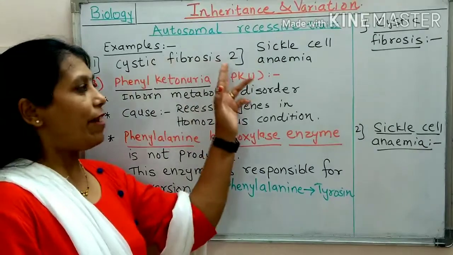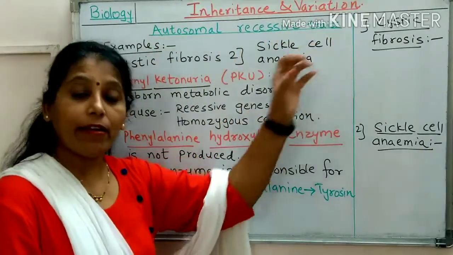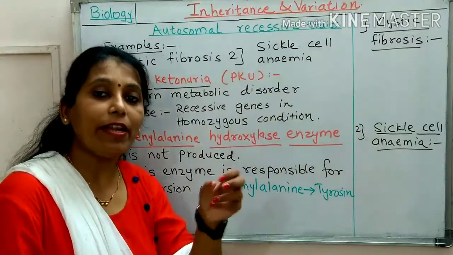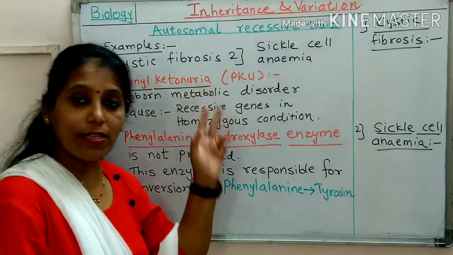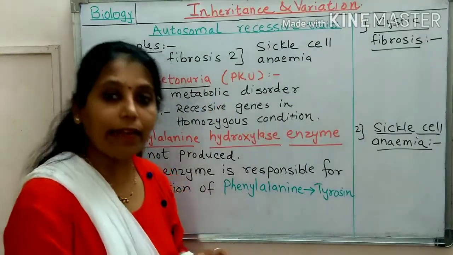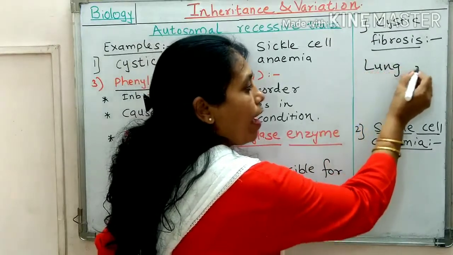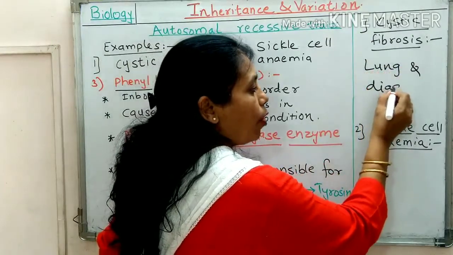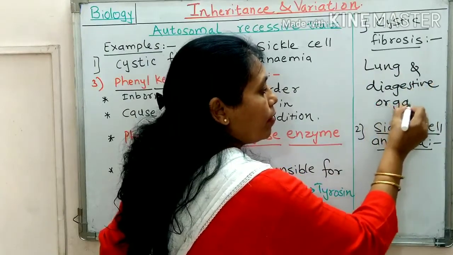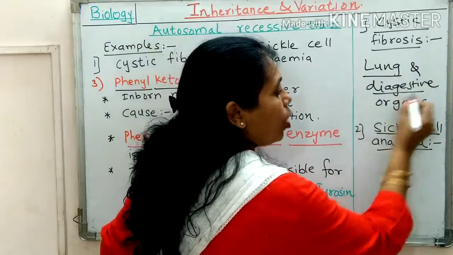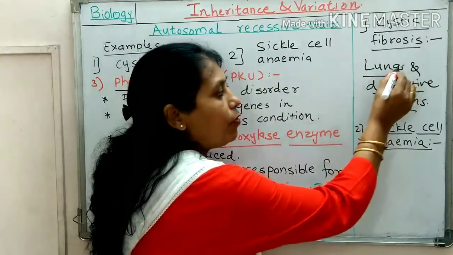Now, cystic fibrosis is an example of an autosomal recessive trait. The defective gene which is responsible for cystic fibrosis results in damage of the lungs and digestive organs. In cystic fibrosis, which organs are damaged? Lungs and digestive organs.